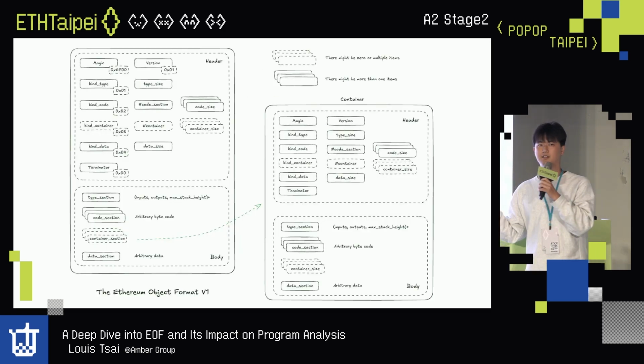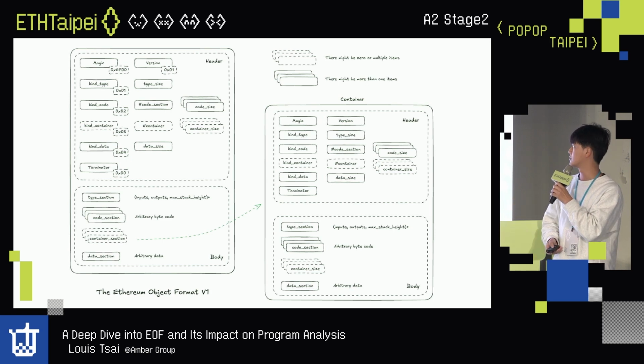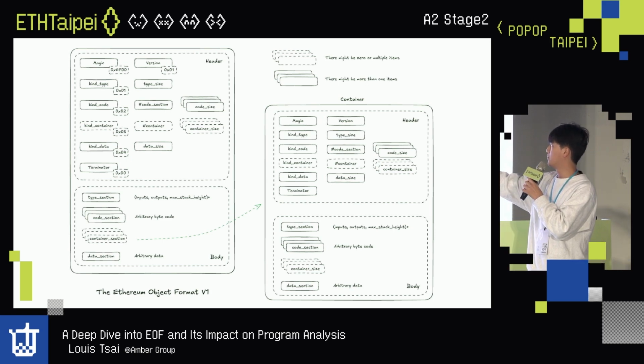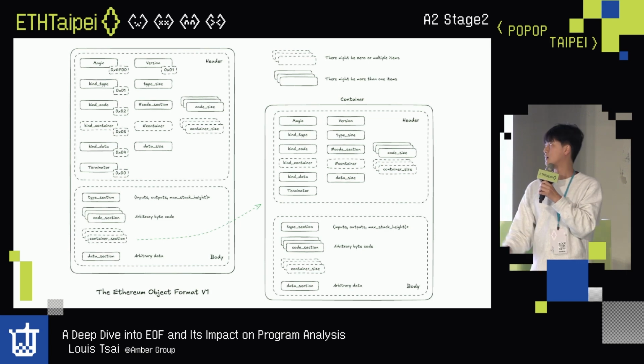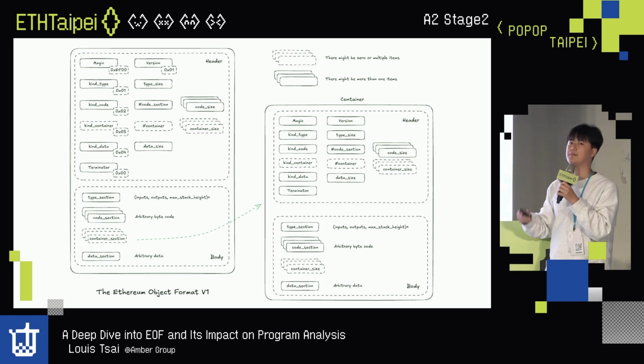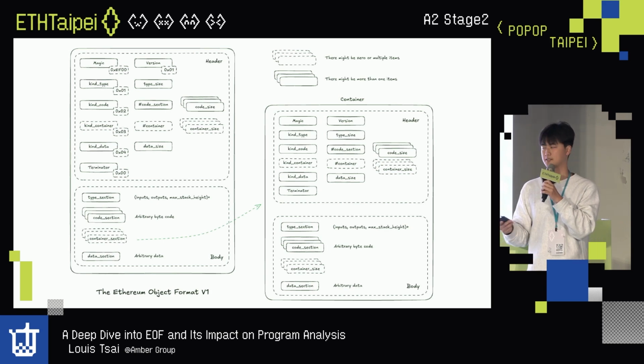And this is the visualization of the EOF contract layout. First, we will have the header part, as we described earlier, and then we have the body part. And at the beginning of the header part, we have a magic value to distinguish whether this bytecode is EOF compatible or from a legacy EVM contract.